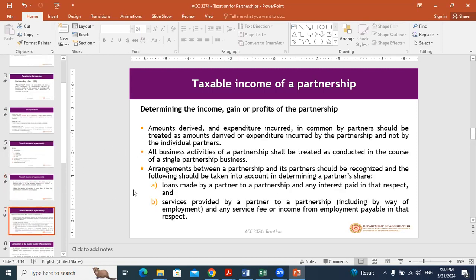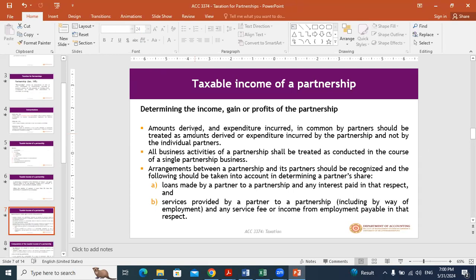Next one, taxable income of a partnership. Just to recollect what we have been discussing throughout the sessions, we identify different sources of income: employment income, investment income, business income.